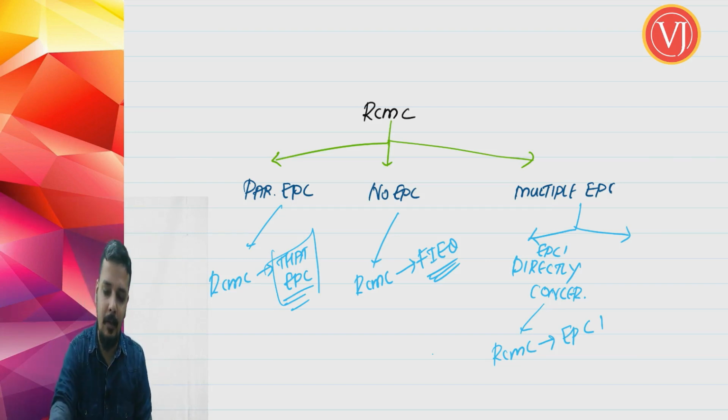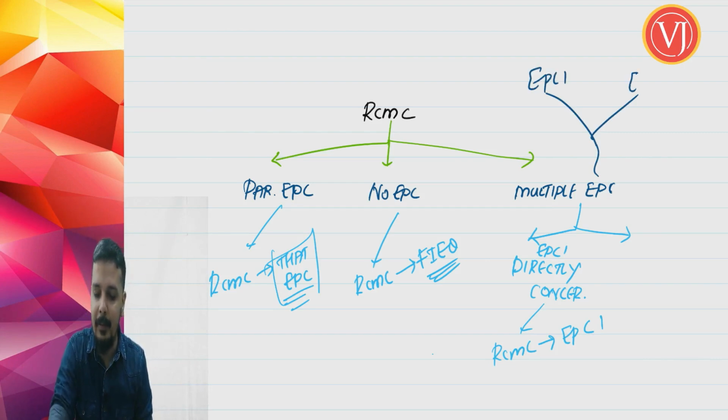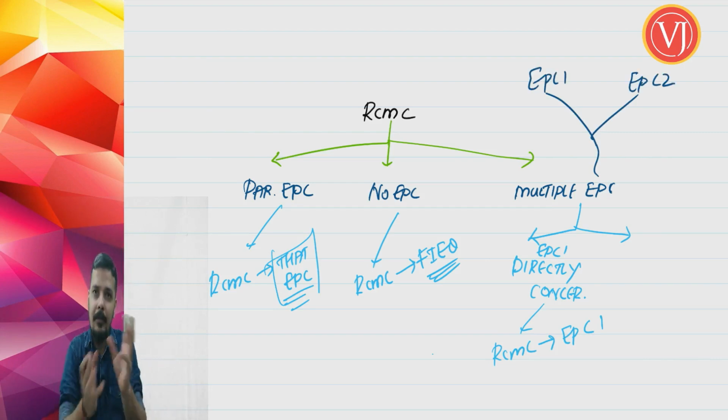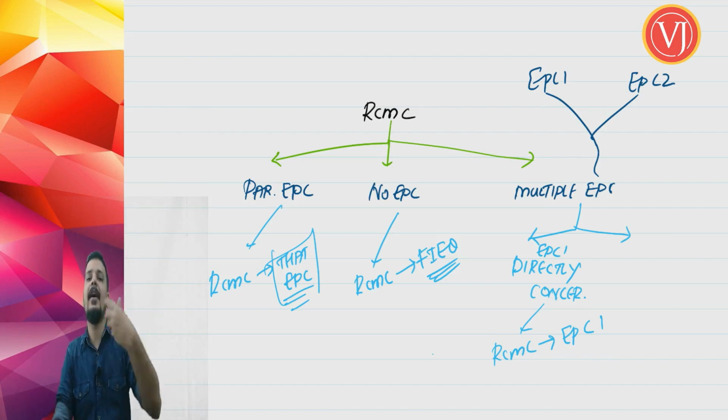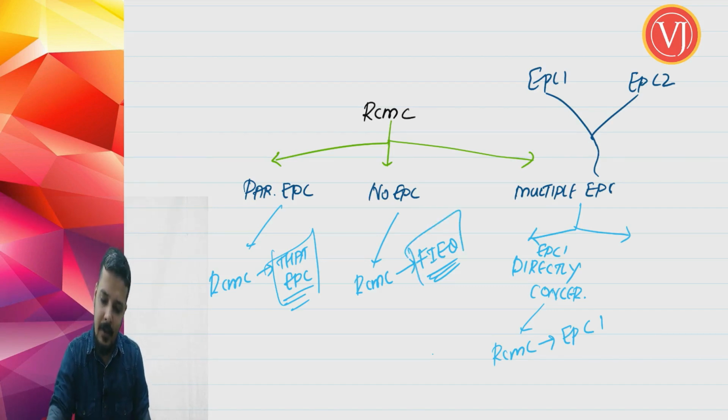Supposing you have two Export Promotion Councils for your product, EPC1 and EPC2, and you are confused about whom to apply to for RCMC. Now you see which is more directly concerned. If you find that EPC1 is more directly concerned, apply for RCMC from EPC1.